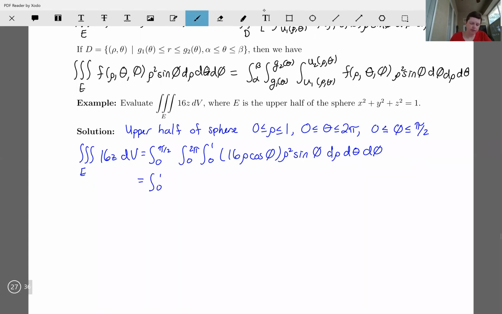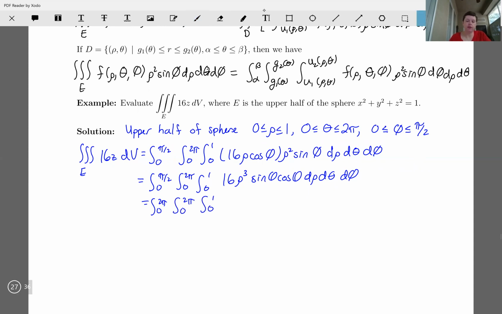Okay, let's rewrite the inside first into simpler terms. That's going to give me 16 rho cubed. Now, however you'd like to do this, we can write this as sine phi cosine phi, d rho, d theta, d phi. Just for later reference, if you'll recall, we can write sine phi cosine phi as 1/2 sine of 2 phi.